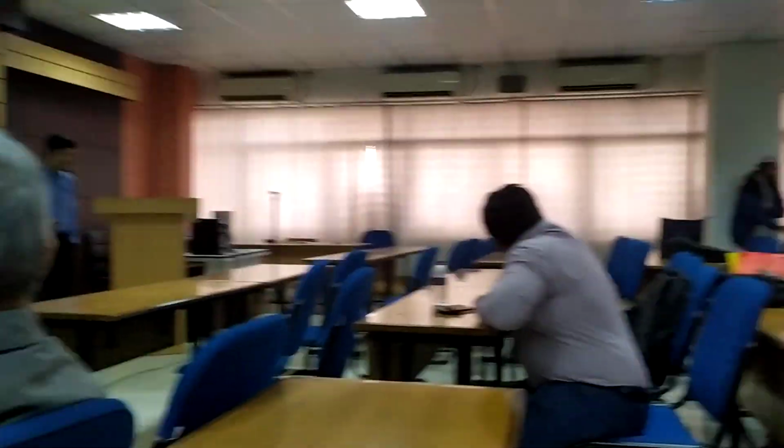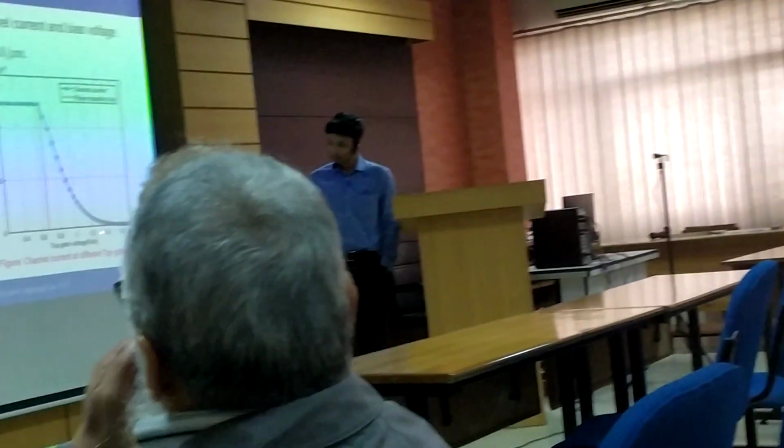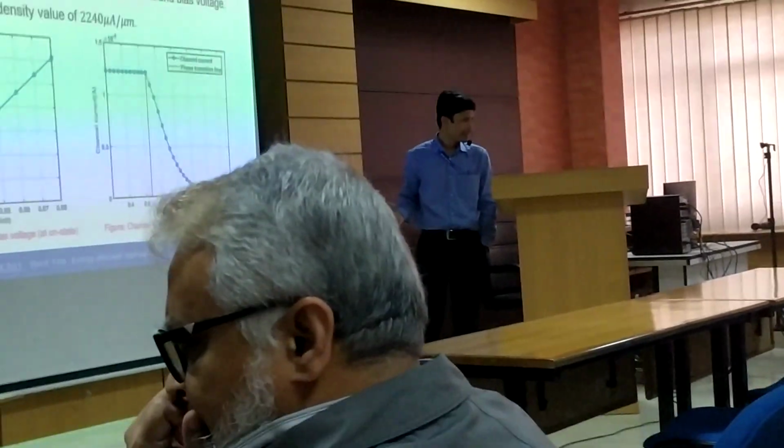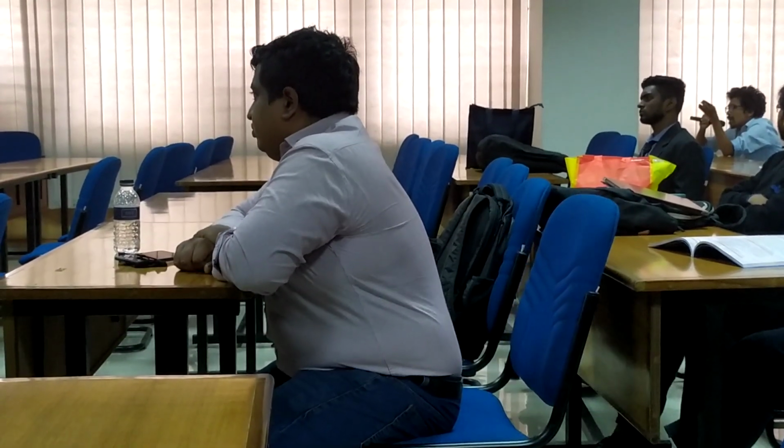Can you go back to the figure where you show the phase transition? Is this voltage fixed every time you simulate the system? This is the gate voltage. The voltage at which the phase transition occurs, is it fixed? Yes. So is there any way to tune it, if we define it like the threshold voltage of turning on the FET? Yes, at this moment this is just like the threshold voltage, you can see.